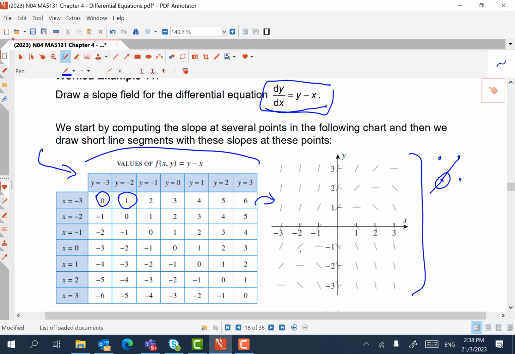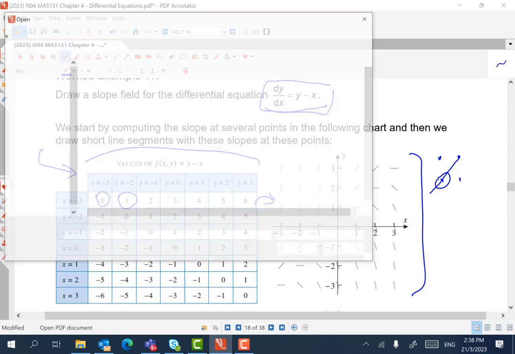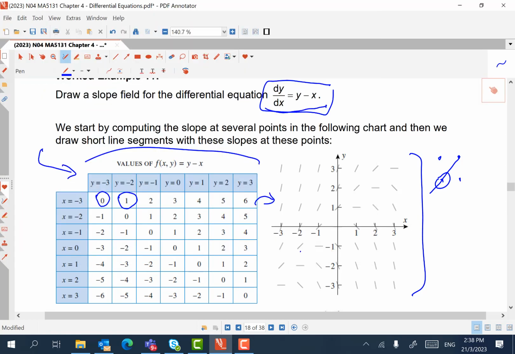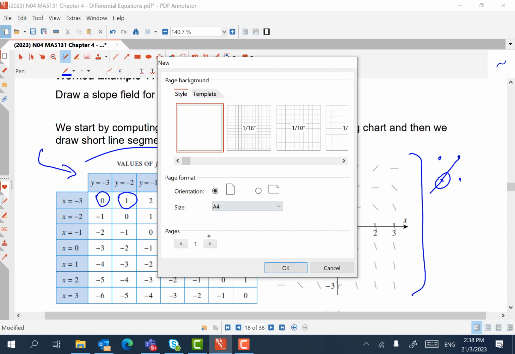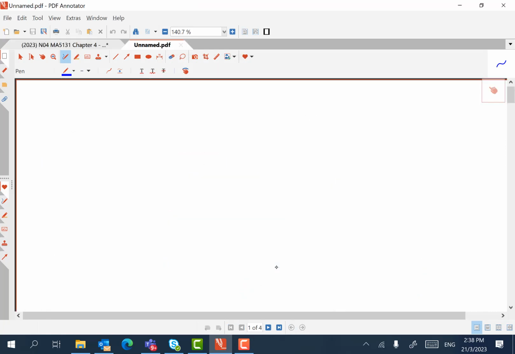Let me illustrate to you what I meant. What I meant is this: if you're given a page that's like this, and then they draw for you dots, and then if you're asked to draw a slope field with a gradient of 2, you want to be very careful, note that you want to actually make sure your marking is like that.